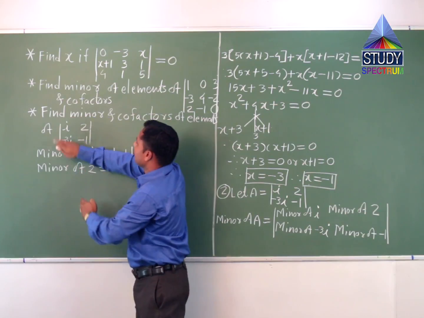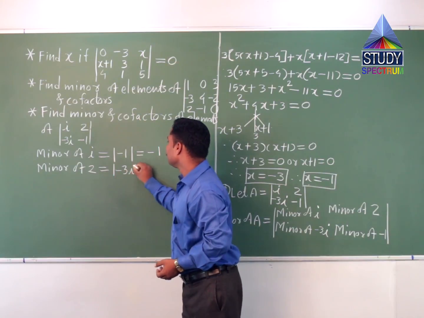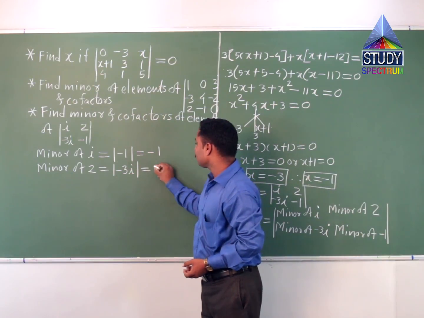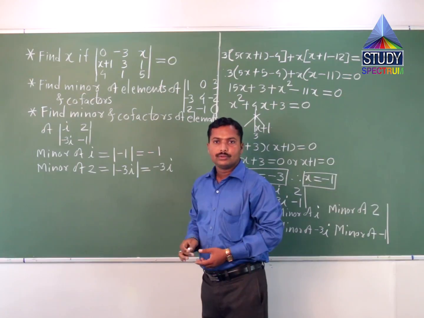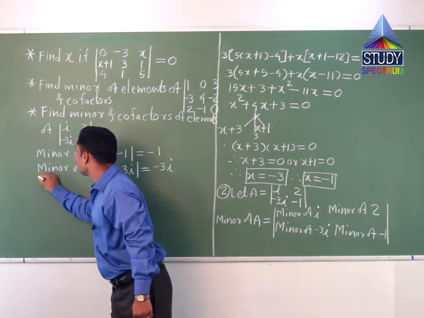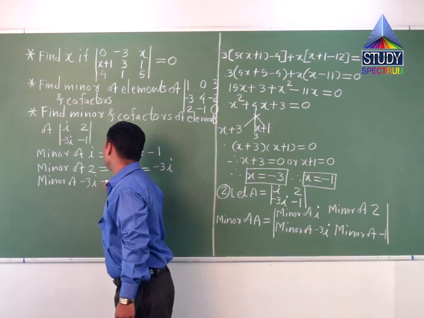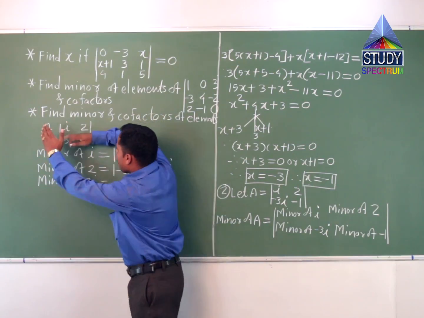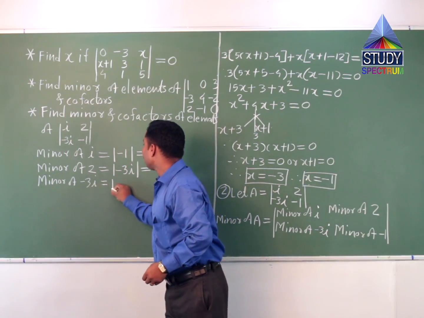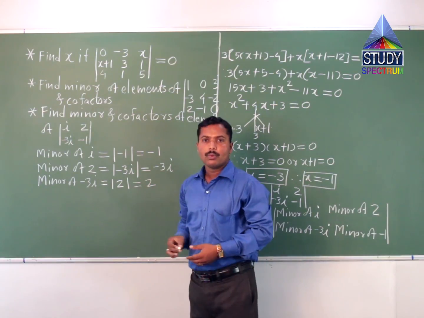What remains? Determinant of -3i, which is this number itself, -3i. Again minor of -3i: delete the row and column passing through this number. What remains? Determinant of 2, again that number itself.